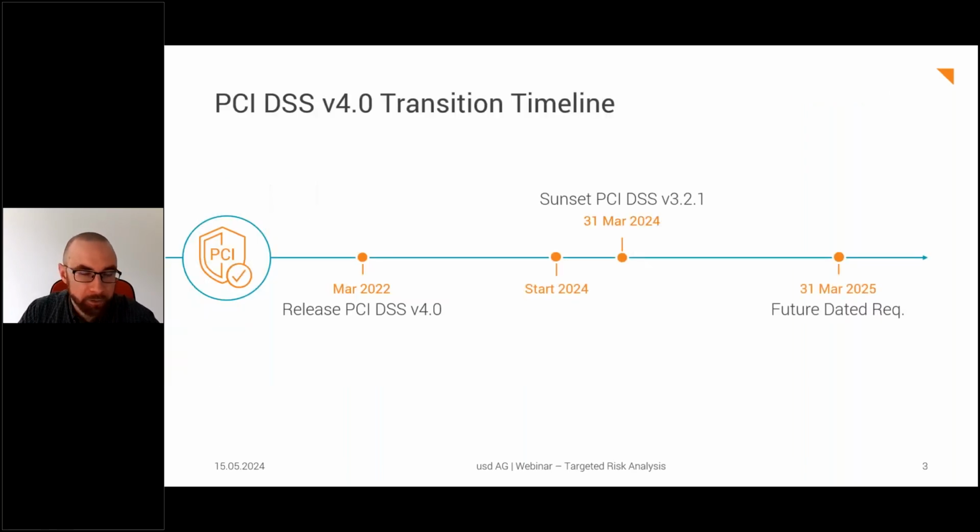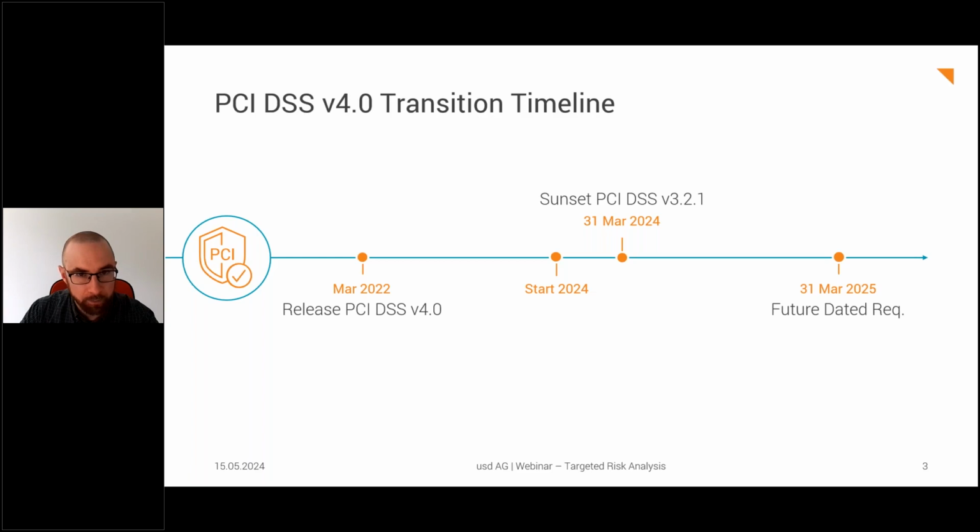Before we dive into the topic of targeted risk analysis, I want to say a few words to provide some context for that. Let me start with the transition timeline. In March 2022, version 4.0 of the PCI DSS was released.